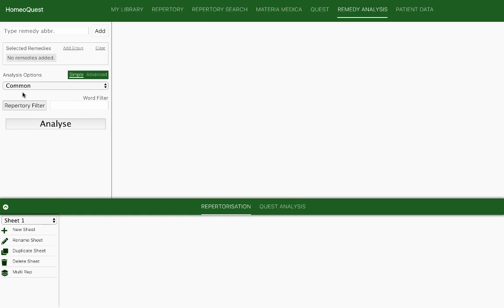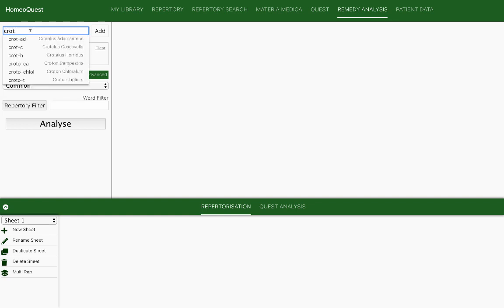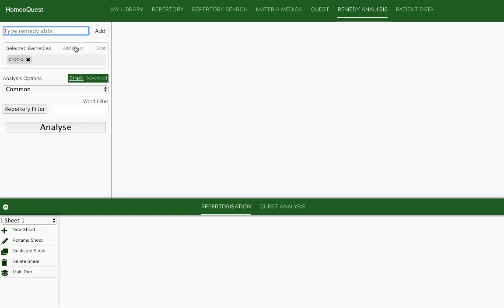But because they came up strongly, we wanted to check whether they covered some key symptoms and just fall short of dominating the grid, right? So I'm going to use the remedy analysis here, and we are going to compare these two very interesting snake remedies. One is Crotalus, so I'm going to put Crot, and we are looking at Crotalus cascavella.